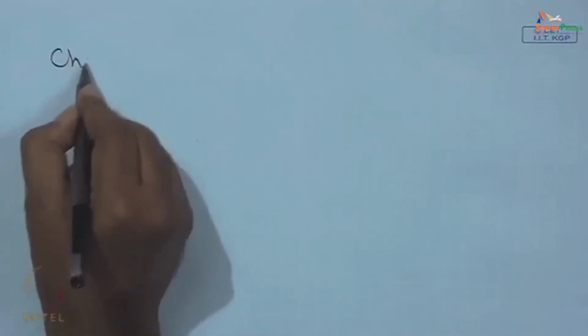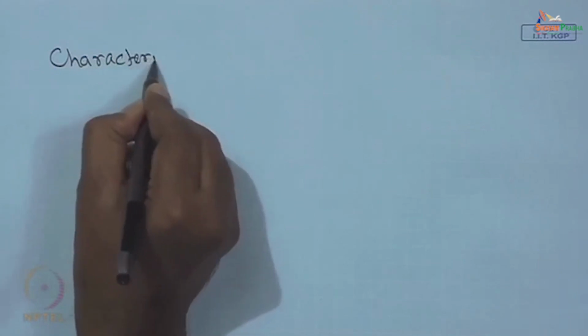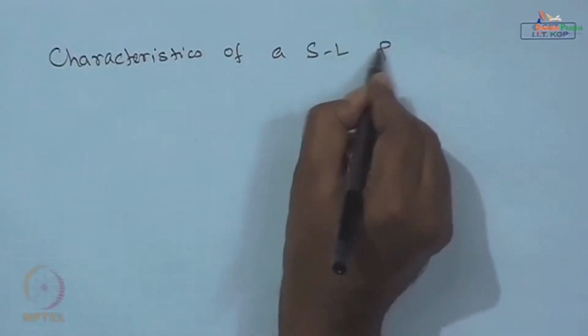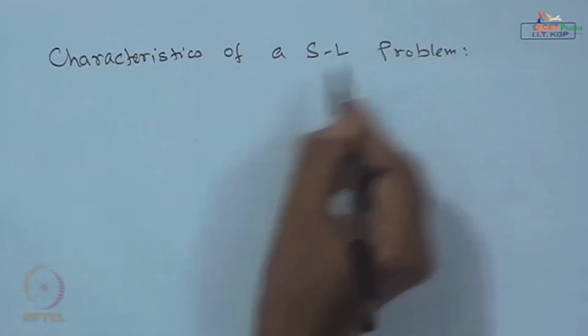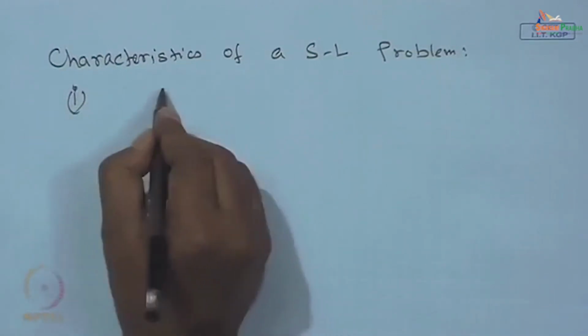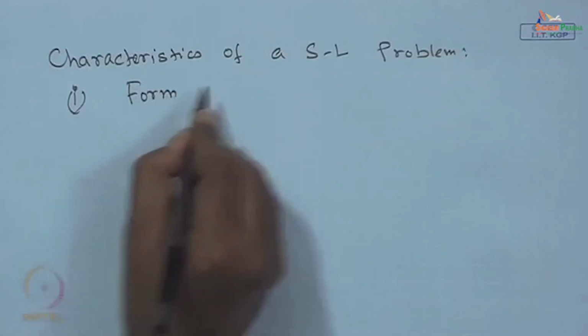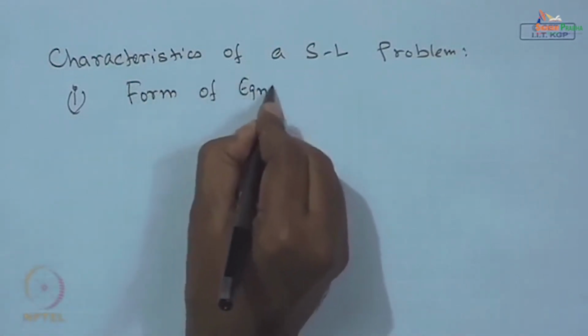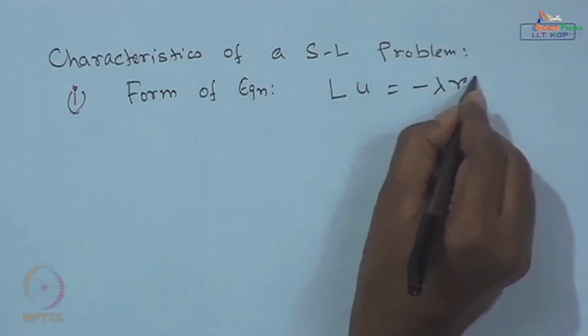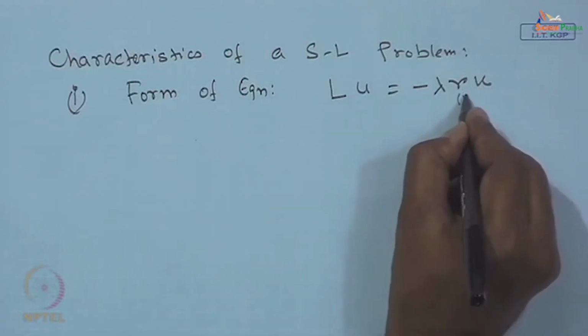So, therefore, we can now identify the characteristics of a Sturm-Liouville problem. There are two characteristics. The first one is that the form of the equation must be L u is equal to minus lambda r u, where r may be a function of x in general.